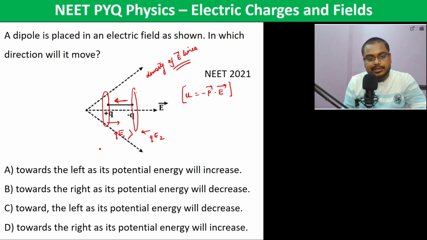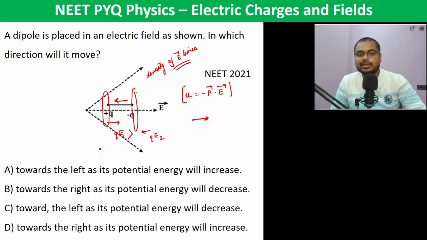Since this is greater, the dipole is going to move in the forward direction, that is, to the right.